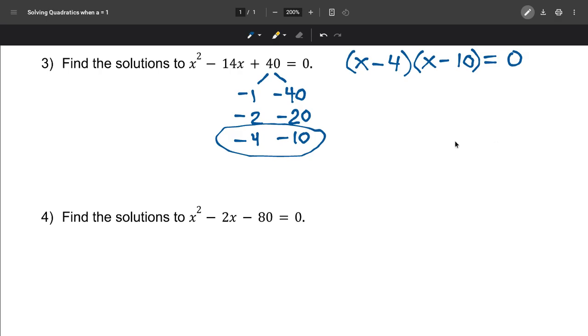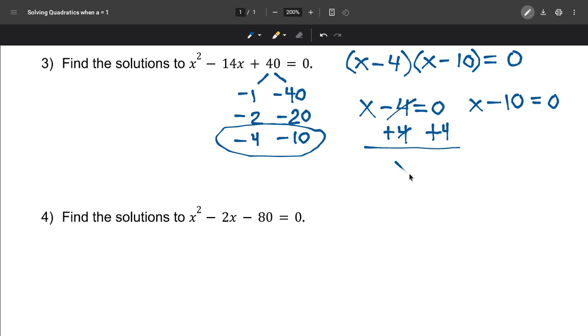So now I'll set each of the factors equal to 0 and solve for my two solutions. So I'll say x minus 4 equals 0, and x minus 10 equals 0. I'll add 4 to both sides here. Four minus 4 is 0. I'll get x equals 4.